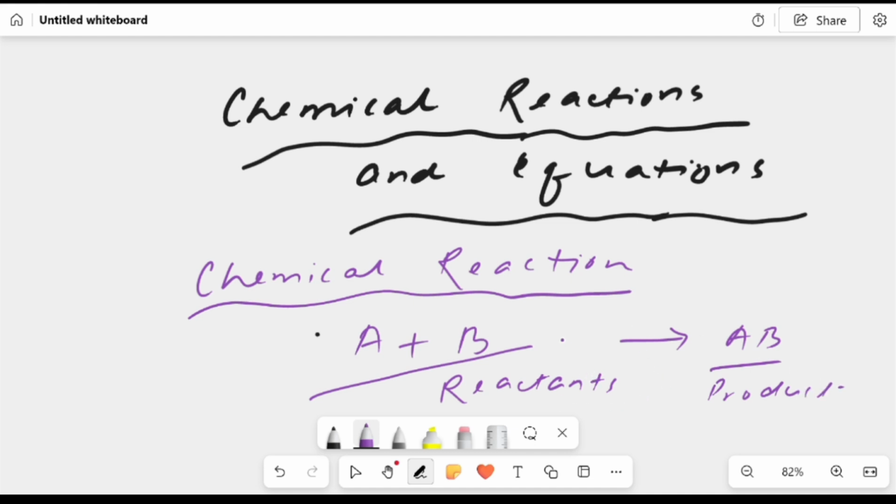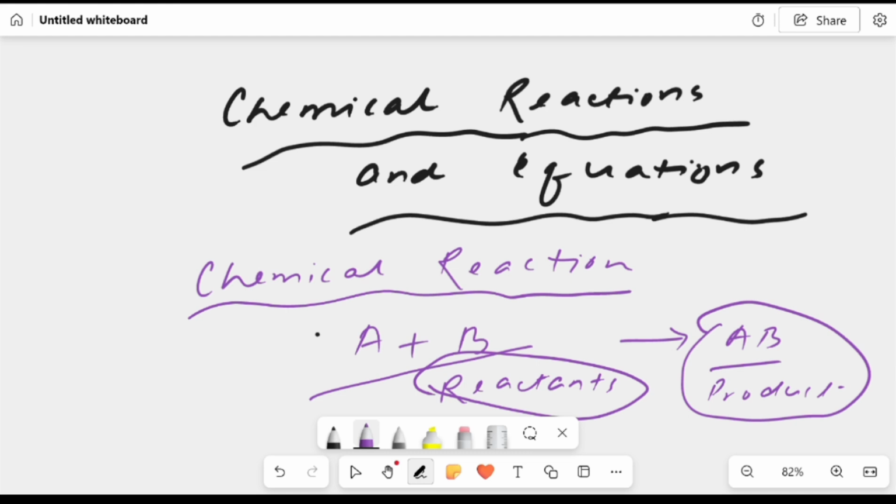The chemical properties of the new product are entirely different from the reactants. That's the first case.